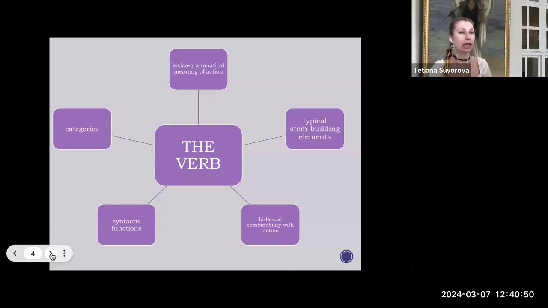They are called categories in grammar. And we describe each word according to these parameters, and we refer to different groups, which are called the parts of speech. These parts of speech are like separate, smaller subsystems within the large system of the language.